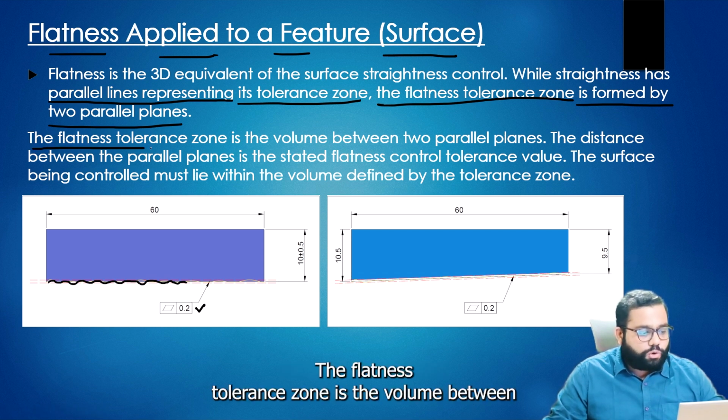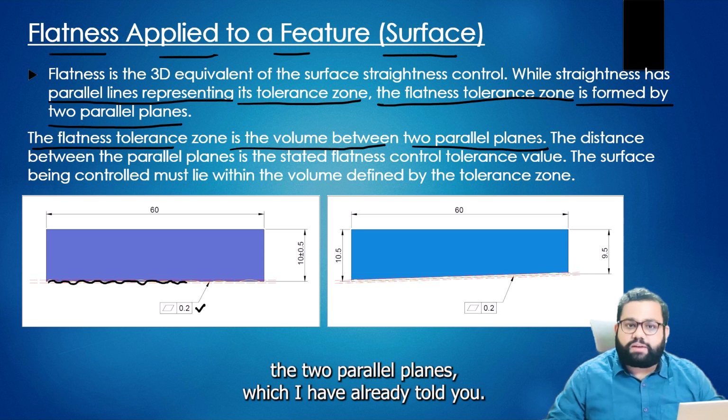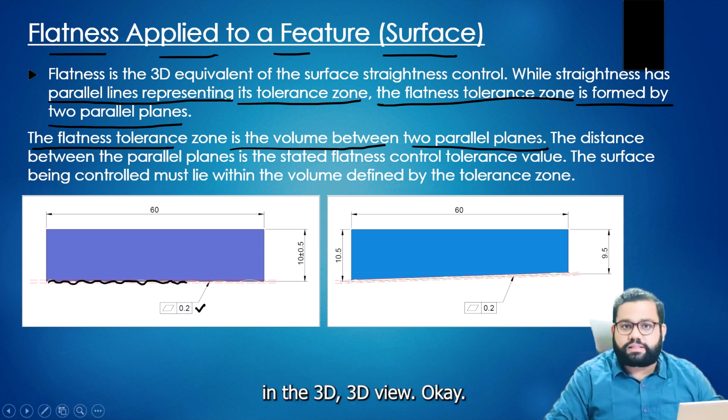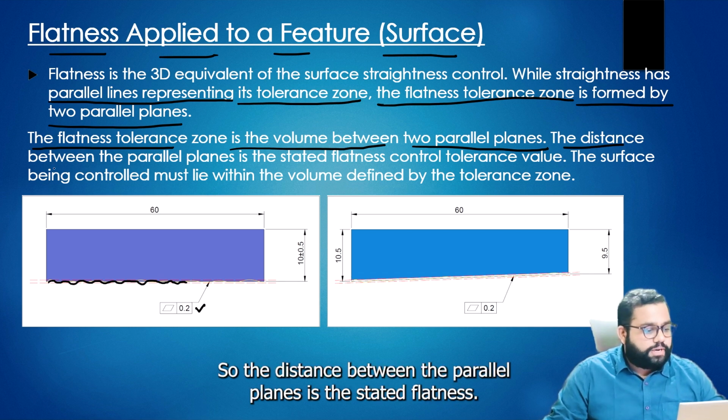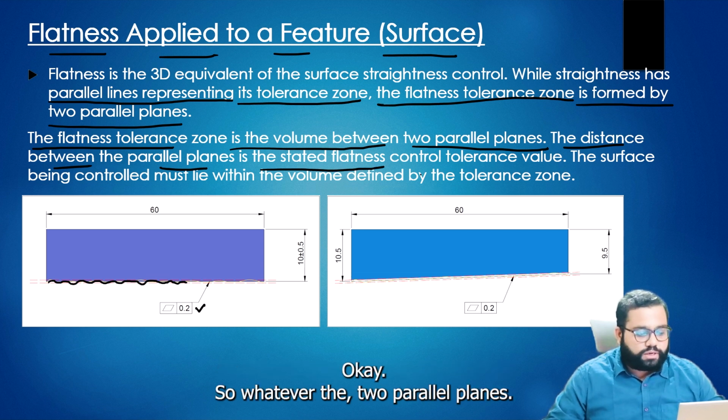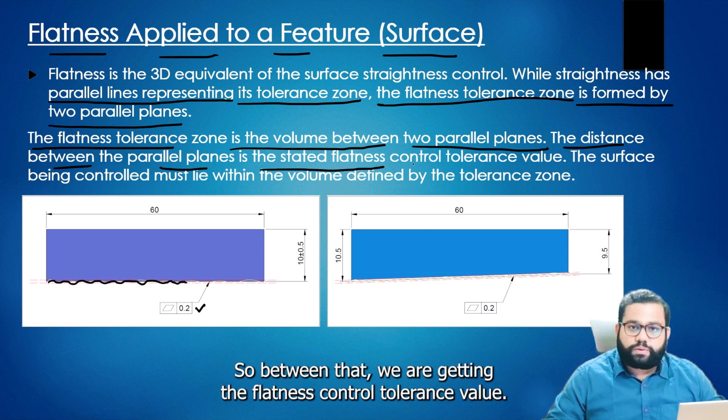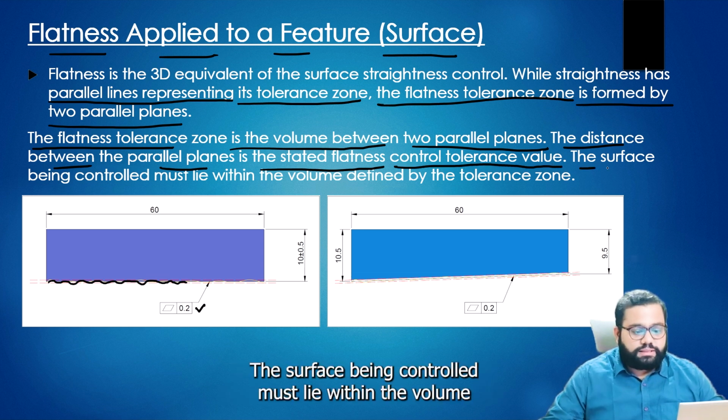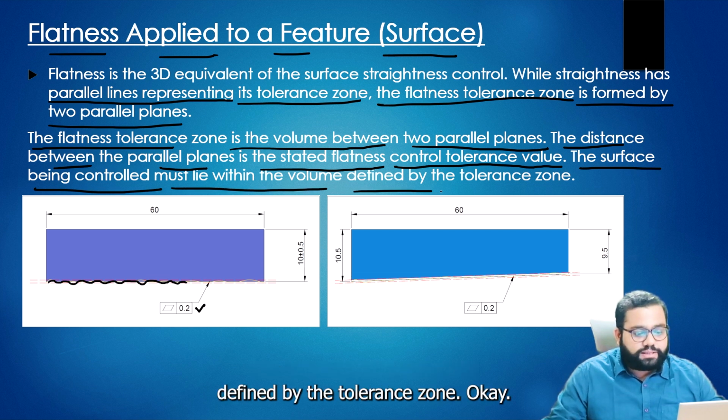The flatness tolerance zone is the volume between the two parallel planes, which I have already shown you in the 3D view. The distance between the parallel planes is the stated flatness. So between the two parallel planes, we get the flatness control tolerance value. The surface being controlled must lie within the volume defined by the tolerance zone.